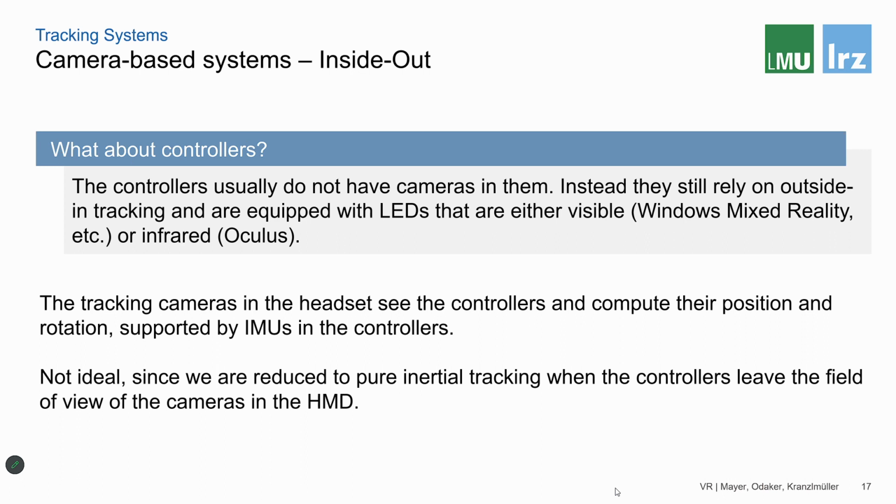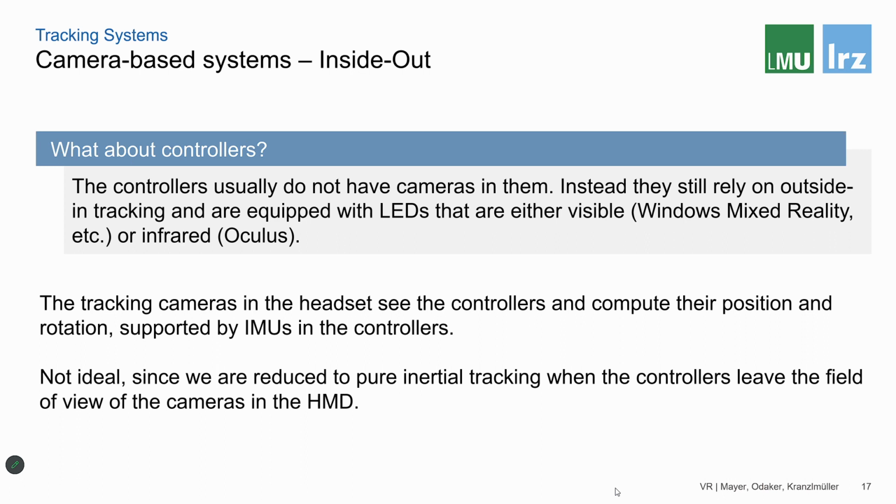So you get full IMU tracking as soon as the controllers are not visible by the cameras, and as soon as the controllers return to the field of view from the cameras in the headset, the optical tracking kicks in again. Now, that means that once we cannot see the controllers from the head-mounted display, we are reduced to just use the IMU tracking.